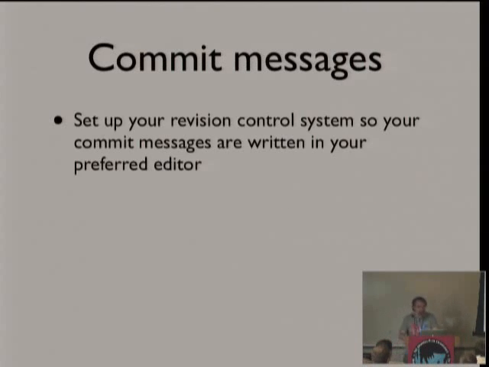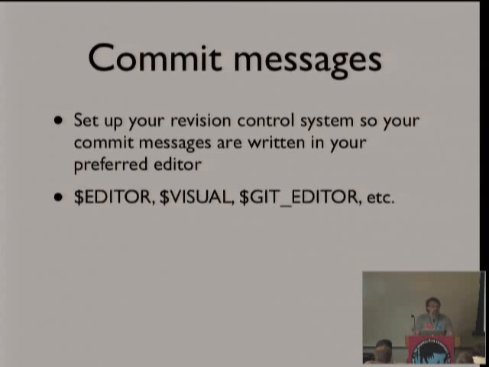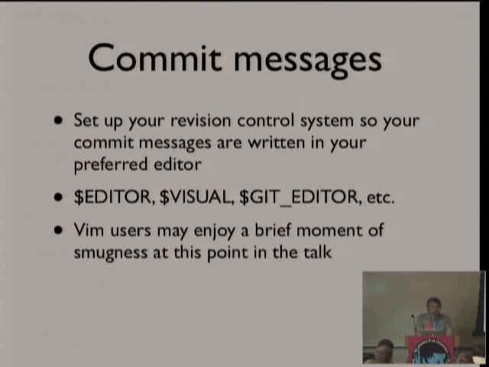Commit messages. Everybody's using revision control, right? So set up your revision control system so that you can write your commit messages in your preferred editor. There are shell variables that will let you control this, so that when you go to check something in, the editor that pops up that you write your commit message in is the one you normally use.